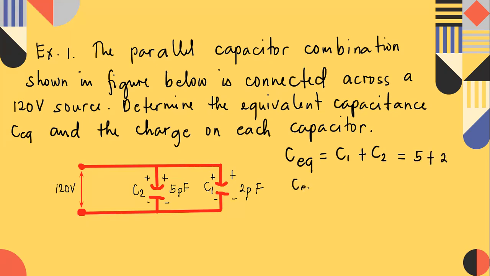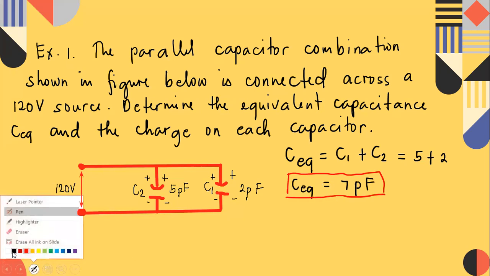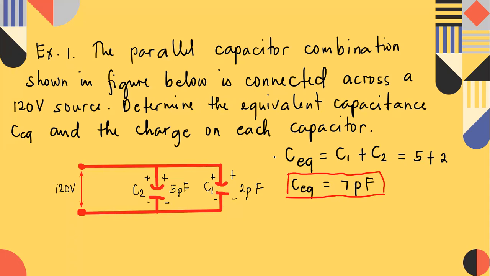C equivalent is equal to 7 picofarad. Next, each capacitor now has a 120 volts potential difference.